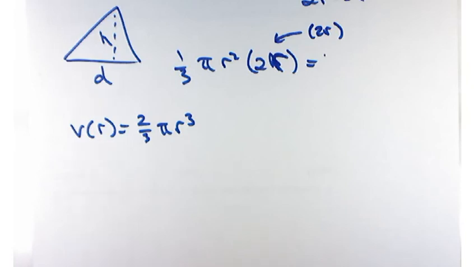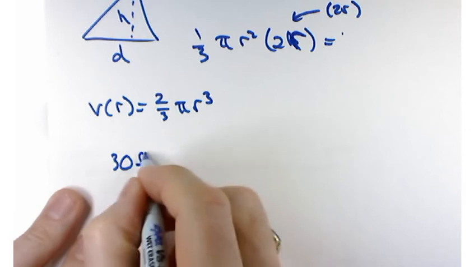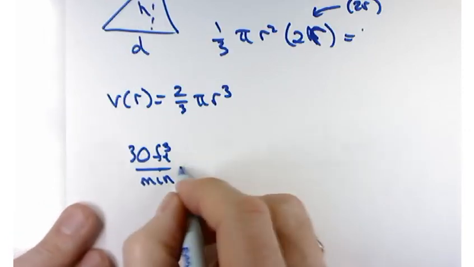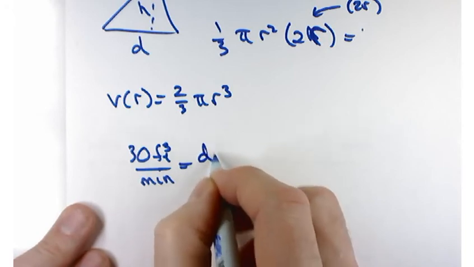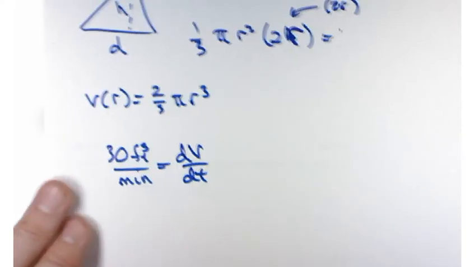Now let's take a look at what the problem gives us. It says that gravel is being dumped from a conveyor belt at a rate of 30 cubic feet per minute. That sounds like a rate to me. Feet cubed per minute. What rate is that? dV by dt. Good. It's going to be dV by dt.